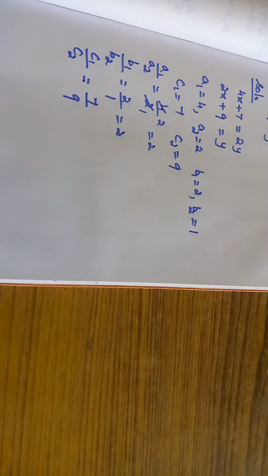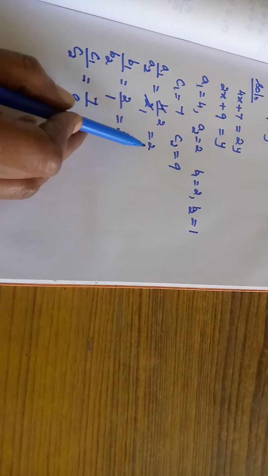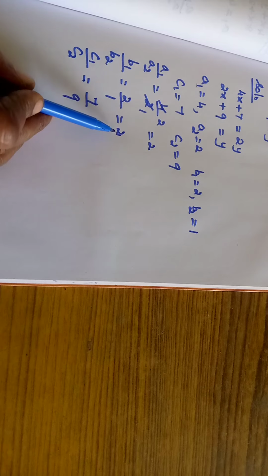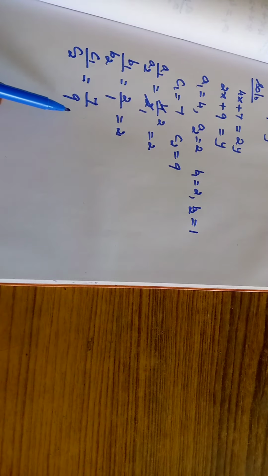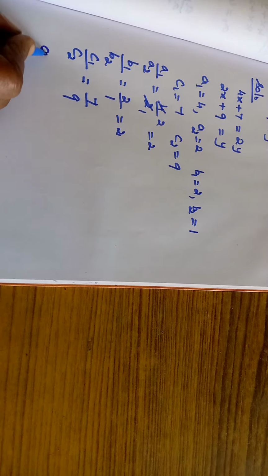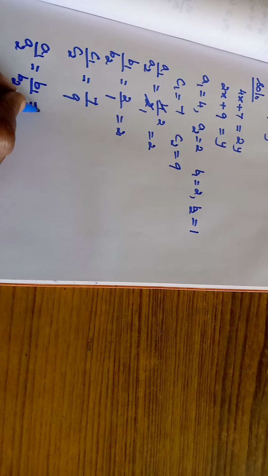So what is there? a1 by a2 is equal to 2 and b1 by b2 is equal to 2. Both are the same, is it? What about c1 by c2? Different. So a1 by a2 is equal to b1 by b2 and not equal to c1 by c2.